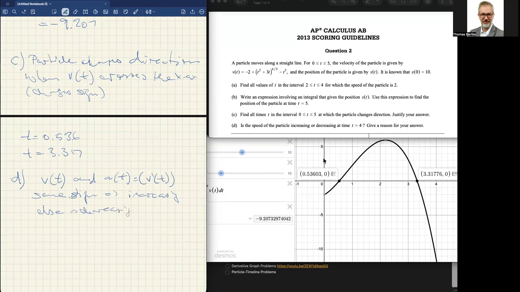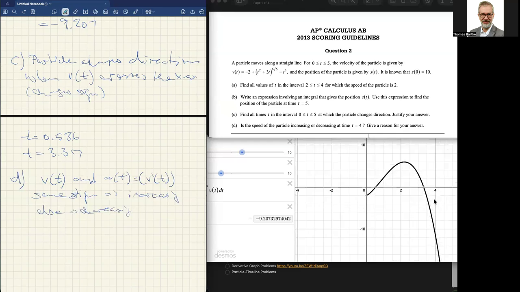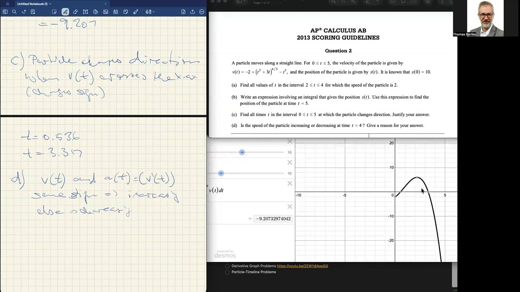Now we just have to determine what it is. So at t equals 4, v of t is negative, obviously, and the slope of v of t is also negative. So that means you say here v of t is negative, and a of t, which is equal to v prime of t, is also negative.